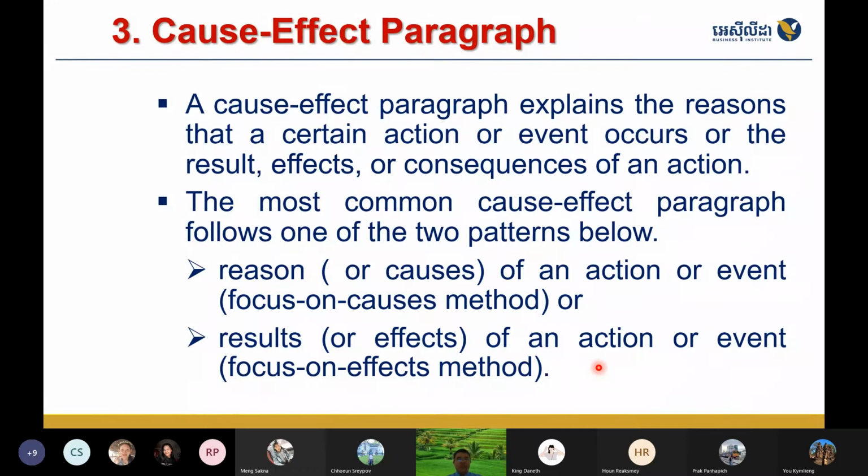So in here, when you talk about you want to be a businesswoman or man, this is what we call the result. But what is the cost behind that? If you want to be a businessman or woman, you have to study hard. This is the cost.